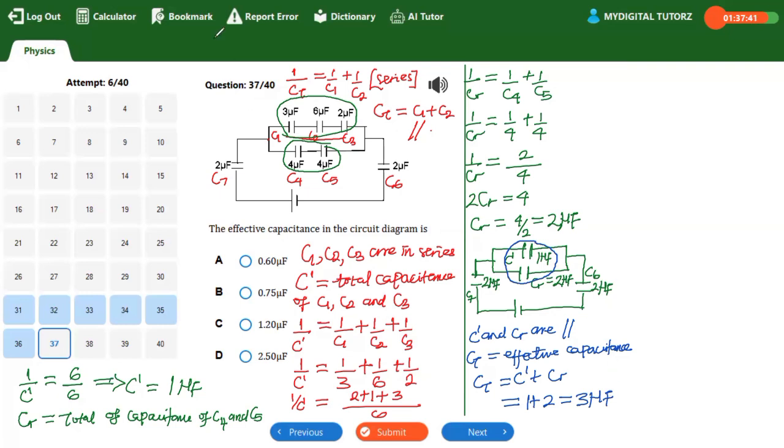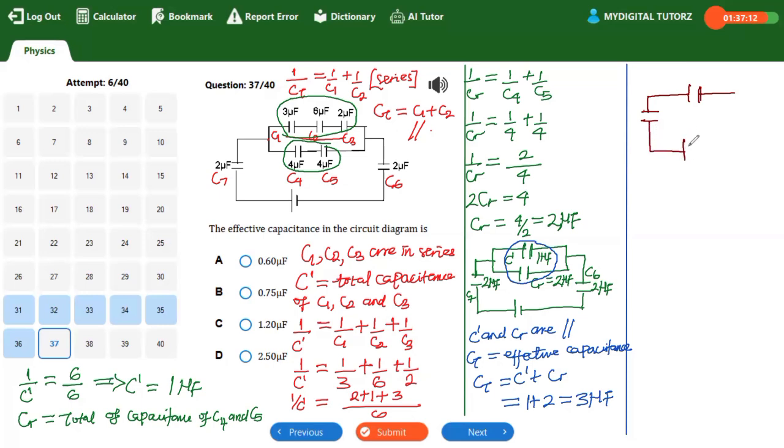So then the next thing, we can redraw our circuit now. Our circuit will look something like this. The whole of this has become 1, which is now CT. So we still start from this side, then we have something like this, then it goes like this.